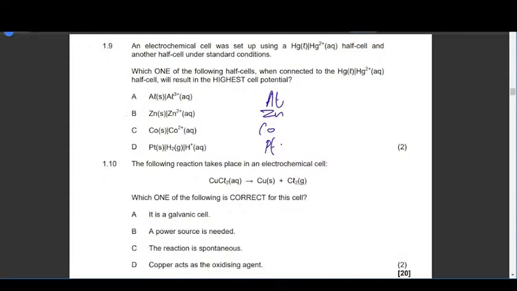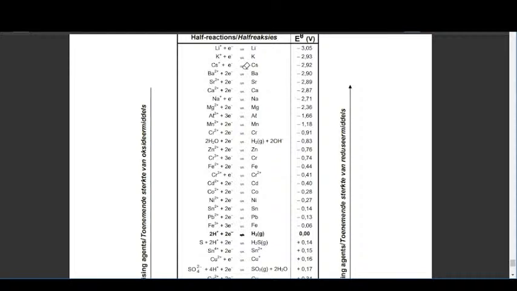So if I come here, zinc, cobalt, aluminium first. So it means that it's going to give me the aluminium first. I think, yes. So it means that aluminium, zinc is here, then you find cobalt there.